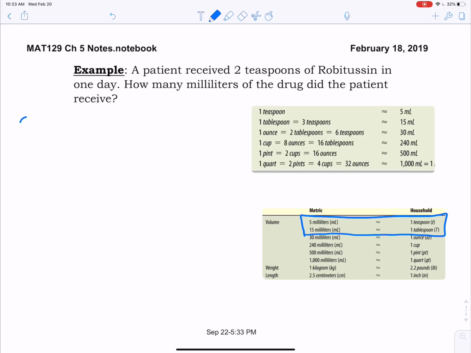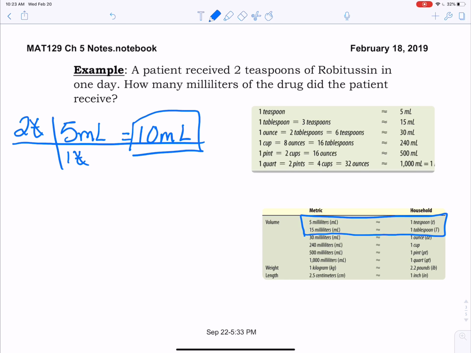I'll start out with my 2 teaspoons, and I'll say that in 1 teaspoon, there are 5 milliliters. When I cancel out those T's, I am left with my 10 milliliters for my final answer. So it's nice and easy, one step if we have that memorized.